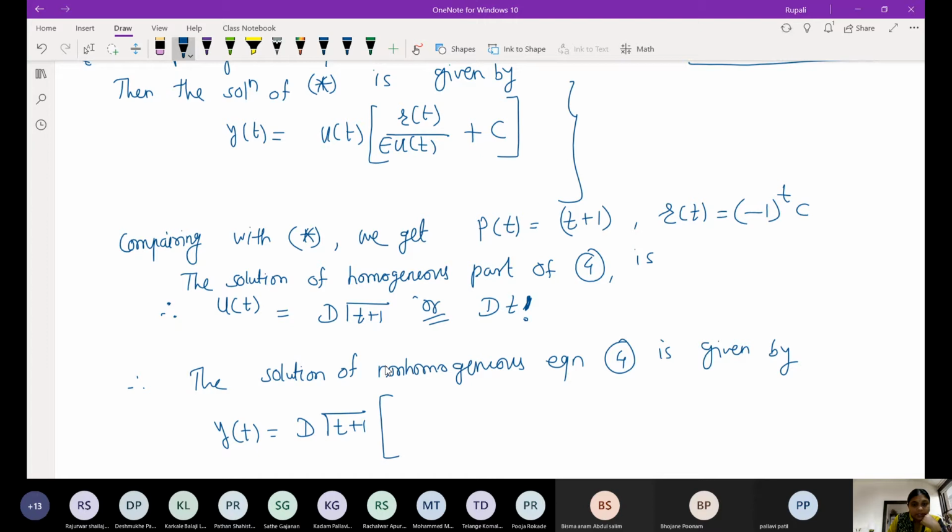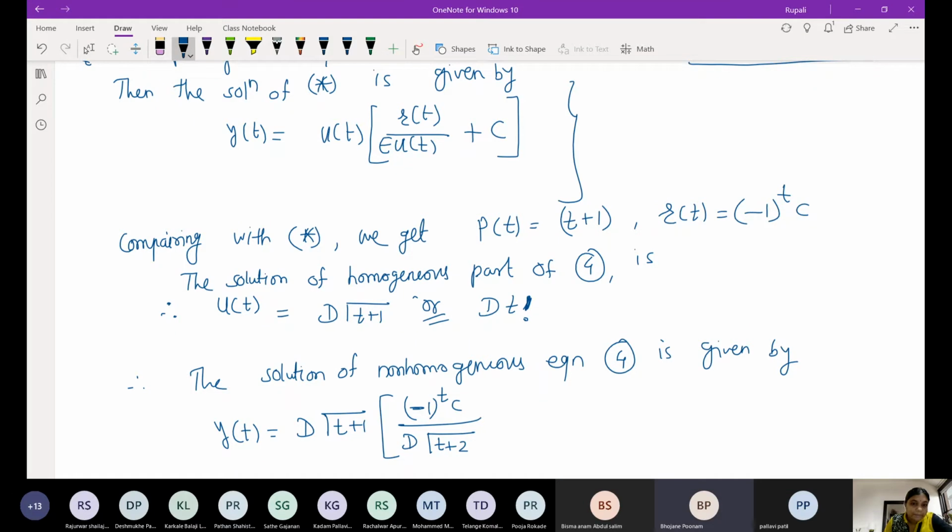That is my u of t. What is r of t? Minus 1 raised to t times c. Divided by E u of t. E u of t is what? E u of t will be d times gamma t plus 2. Is that right?